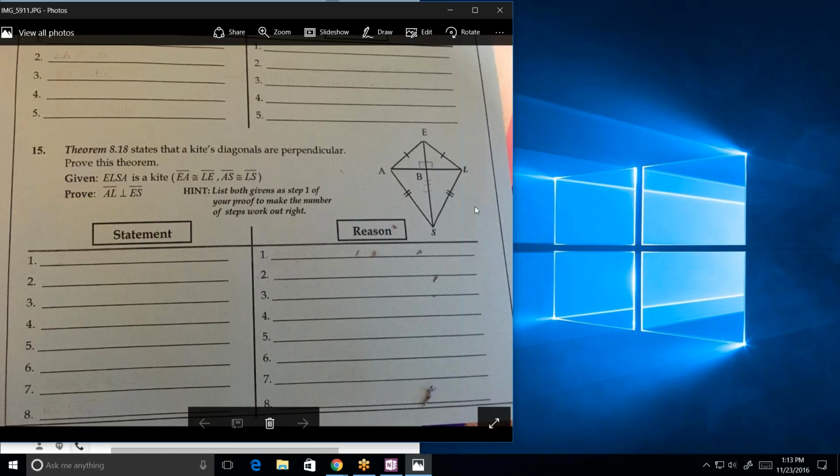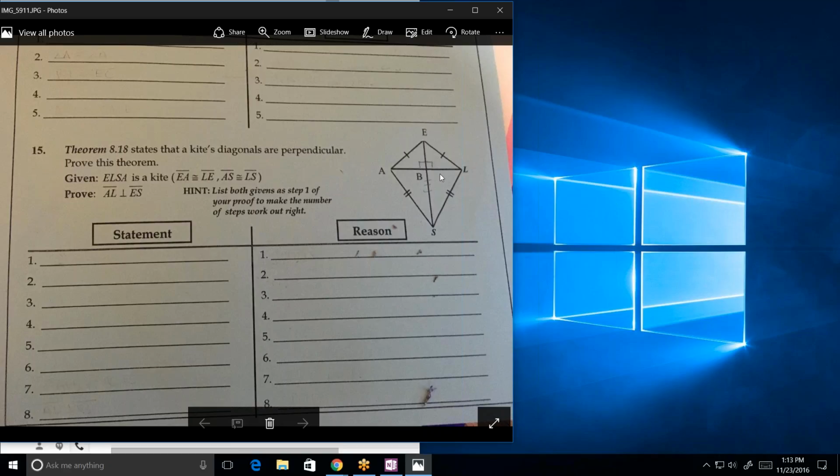Is there any way we can prove that those are congruent? By which congruency theorem? You could do SAS, you could also do SSS.